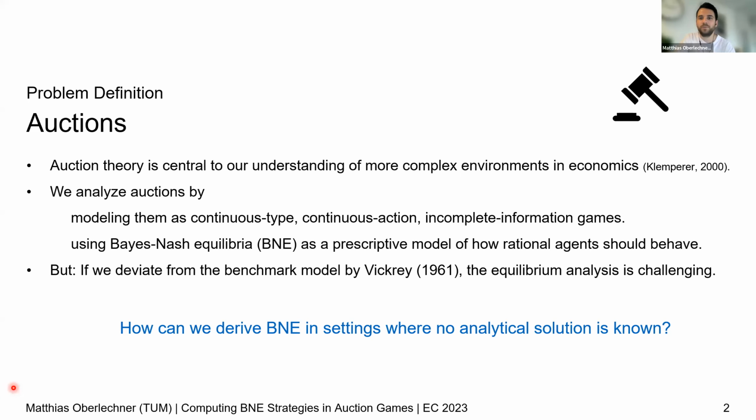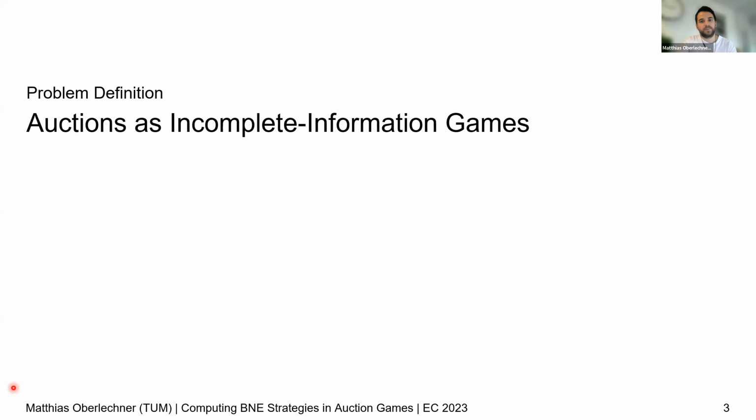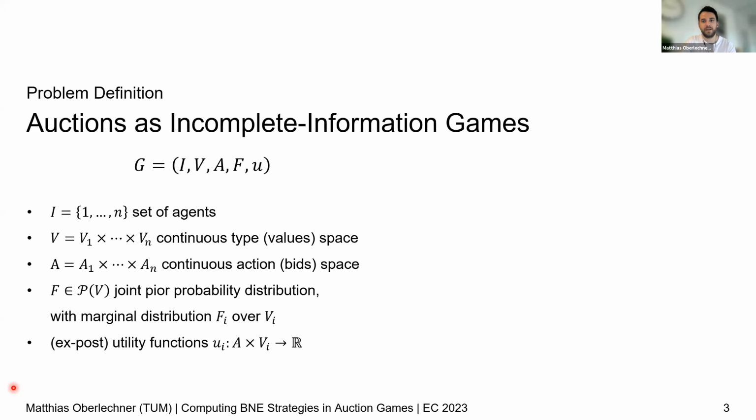And before we dig deep into this question, let me first introduce the model in more mathematical terms. So we model our auctions as these incomplete information games, which consist of 5 elements. I think it might be more instructive to have a look at a small example to explain this definition.